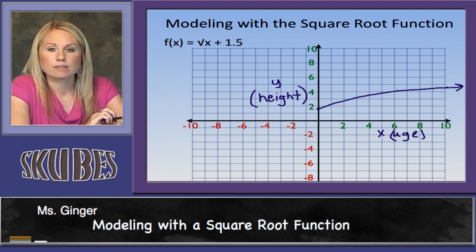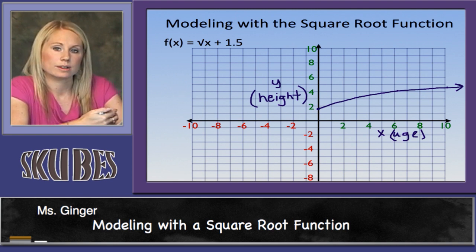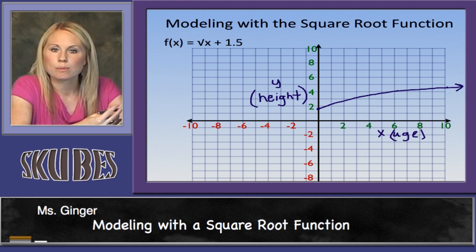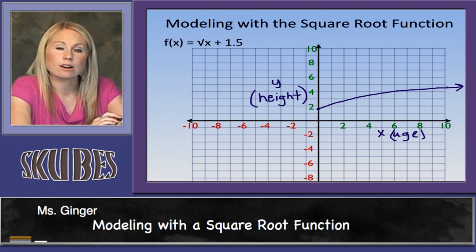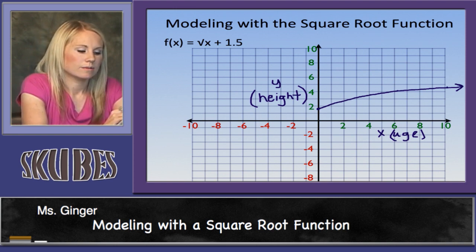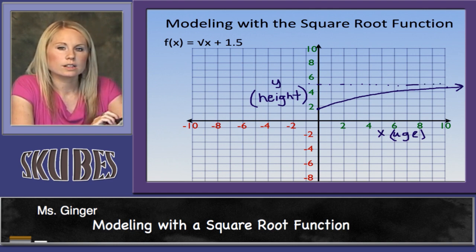Since we cannot see that far out to 20, it's just an estimation, so it won't hurt us. We can always verify algebraically if our estimation is true. We can't see out to 20, but we can see with our points that it's leveling off out there in the right-hand direction. And if you look here, this is 5 on the y-axis. So it doesn't look like it's going to get too much higher than 5 as we travel out further.